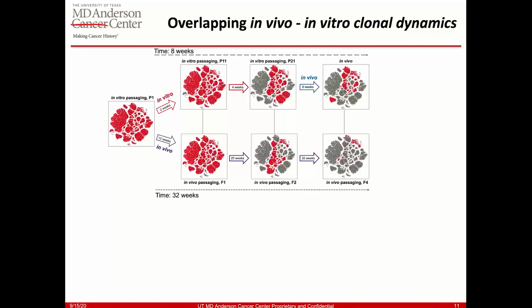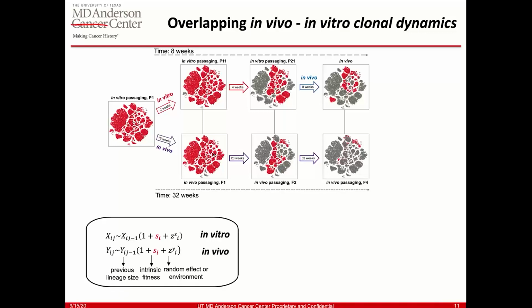You see that there is a significant time difference, where in about 8 weeks we are able to create a tumor using the in vitro passaging, and we are able to do a similar thing in about 32 weeks in vivo. Now, you can observe that there is an overlap between what clones finally persist in vitro and in vivo, represented in red at the rightmost panel.